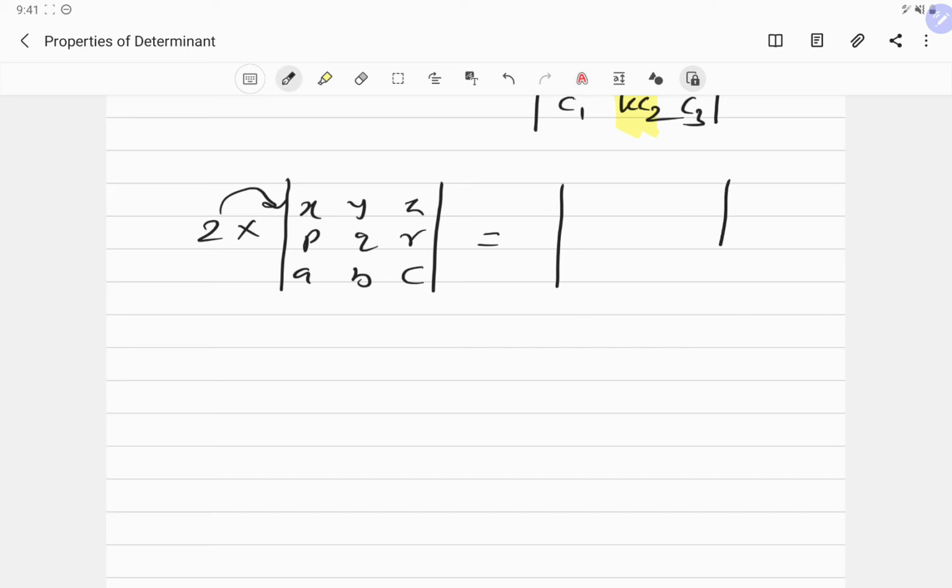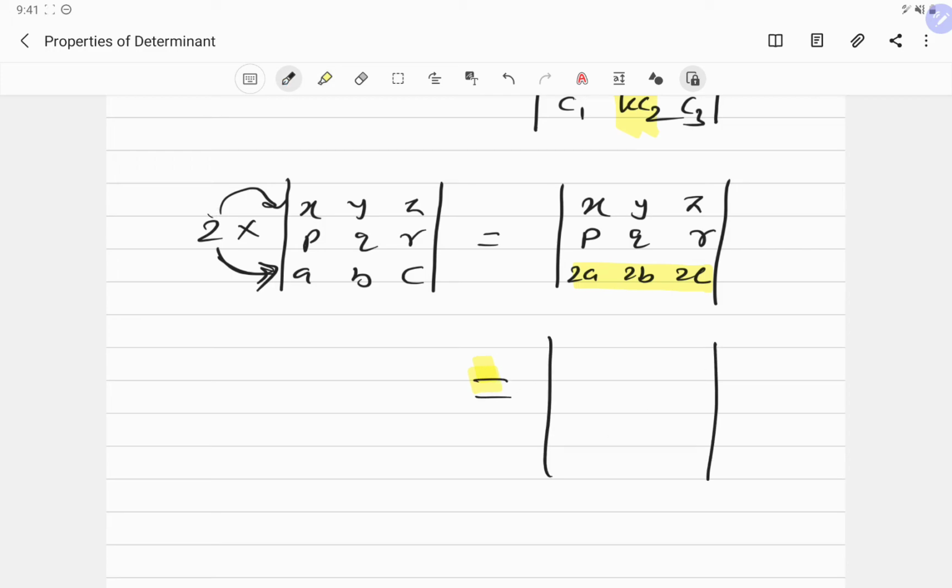Now let's say the requirement of the problem is multiplication of this 2 with the third row. Then just keep the first row as it is. Let's keep the second row as it is. Multiply this 2 with the third row. It becomes 2a, 2b, 2c. But make sure that you multiply that constant to one particular row only. Or if you want, you can multiply this to one column, whichever you want. If you want, you can multiply this 2 to the first column itself.